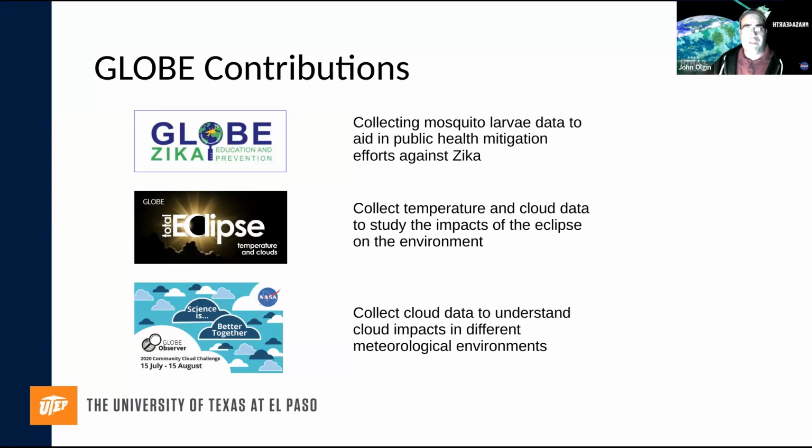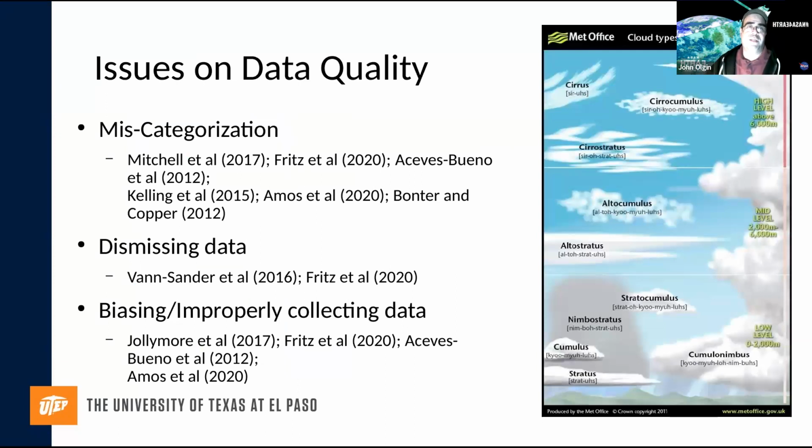But I wanted to talk a little bit more about the data quality issue that has arisen. During this dissertation research, I was looking at some of the overall citizen science issues that have occurred in various citizen science projects, and the three major ones out of the literature review were these.